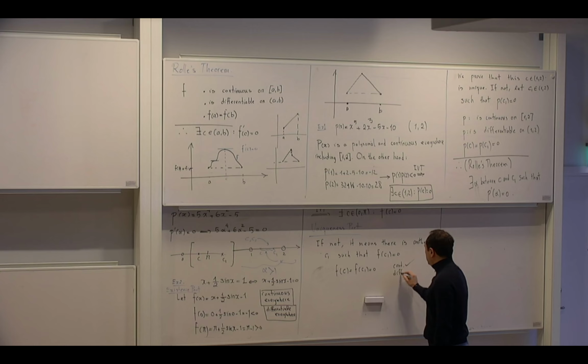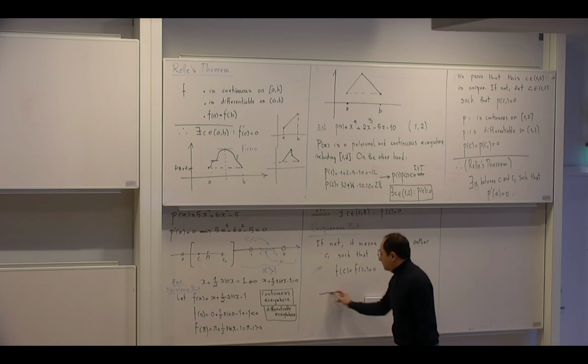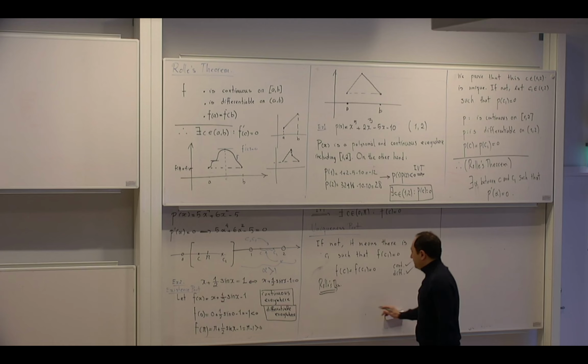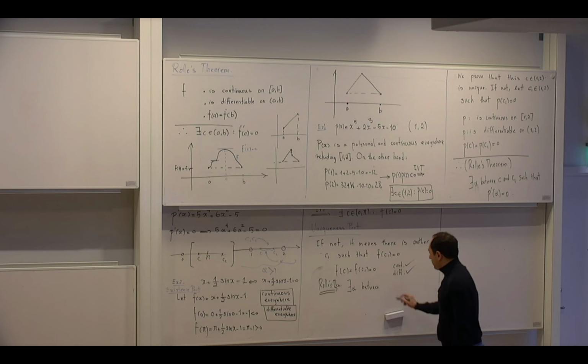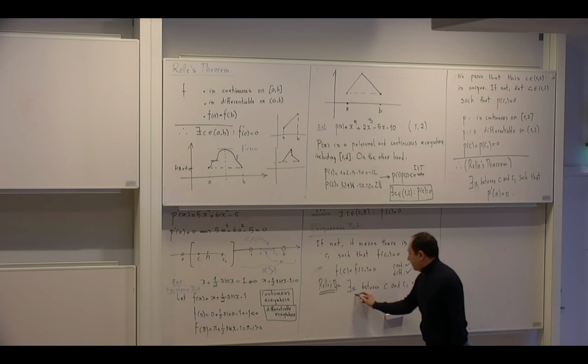Differentiability is also done. So I can use Rolle's theorem. Rolle's theorem guarantees the existence of alpha between C and C1, such that f prime of alpha is 0.